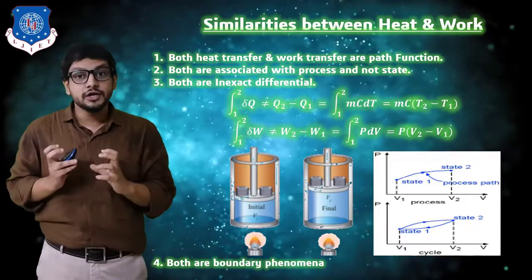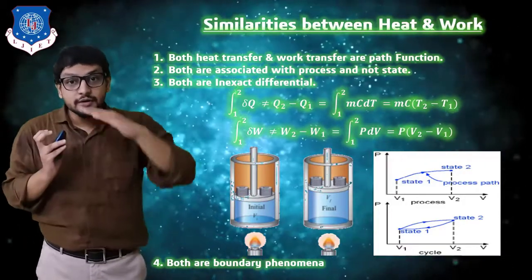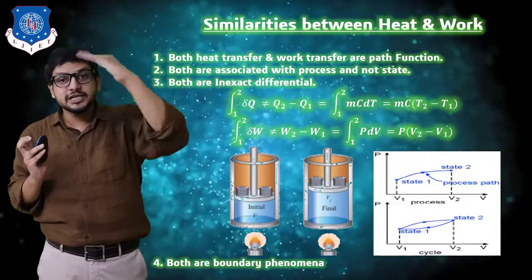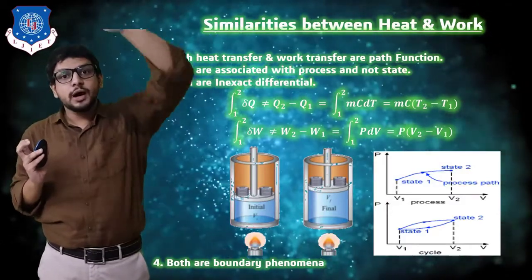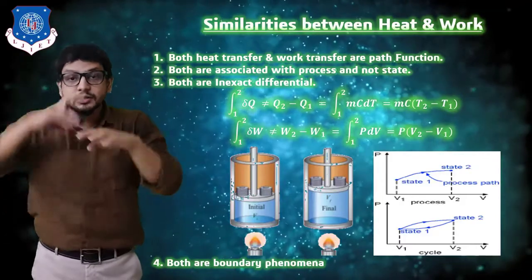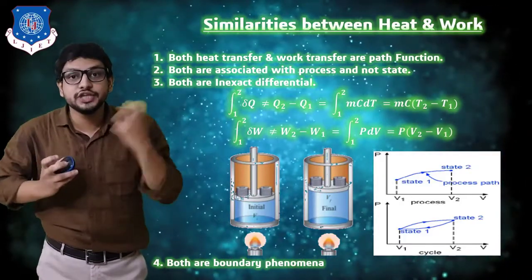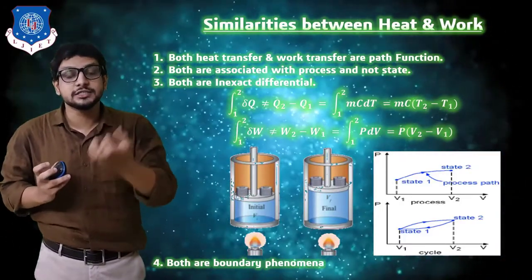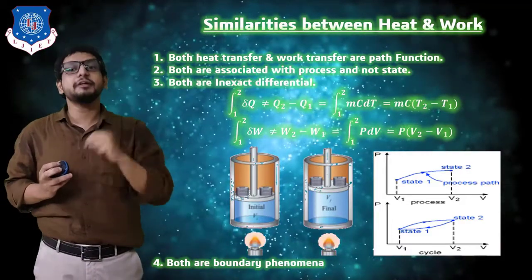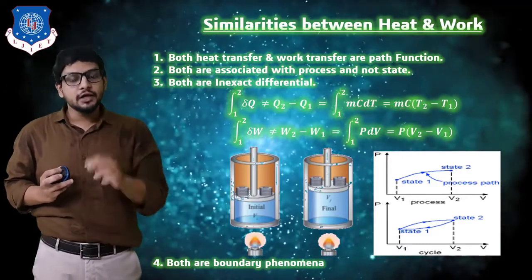Similarly, during work transfer, the piston is moving, right? The piston moves from the downward side to the upward side, which indicates that the boundary of the system is going to change, which occurs across a system boundary. So these are the similarities between heat transfer and work transfer.